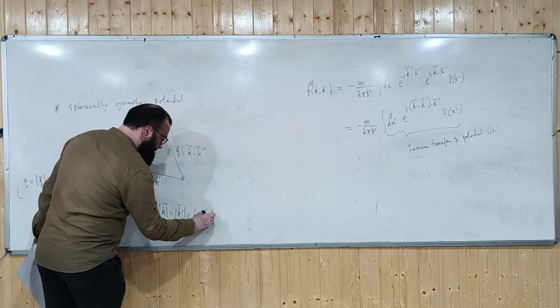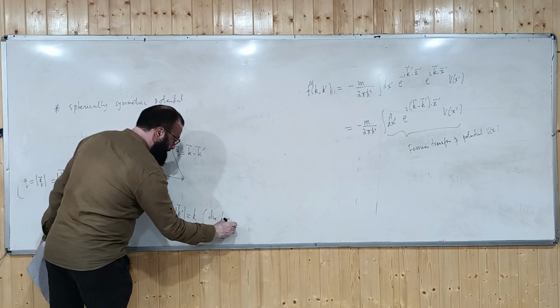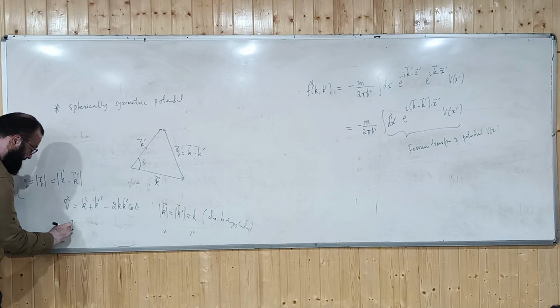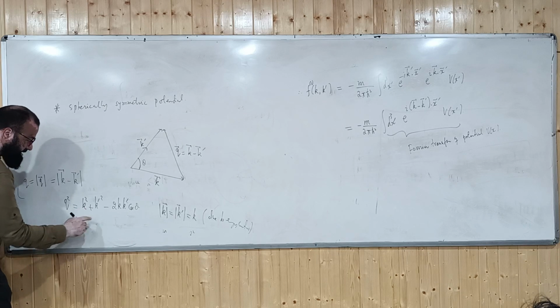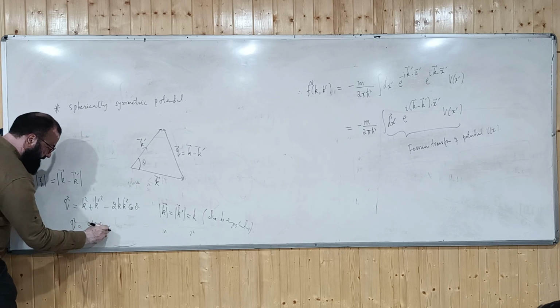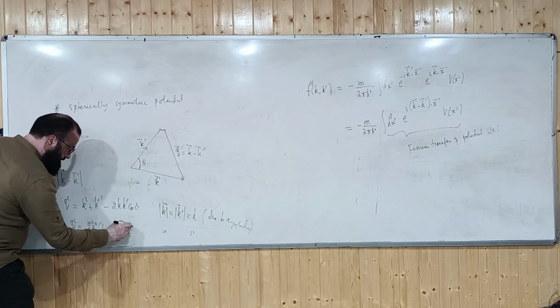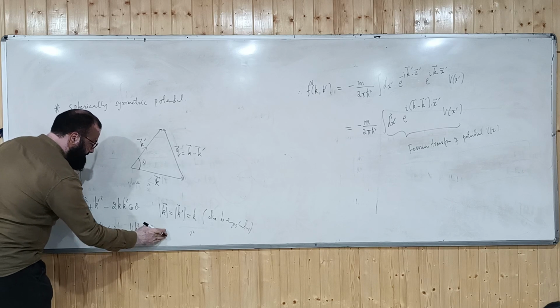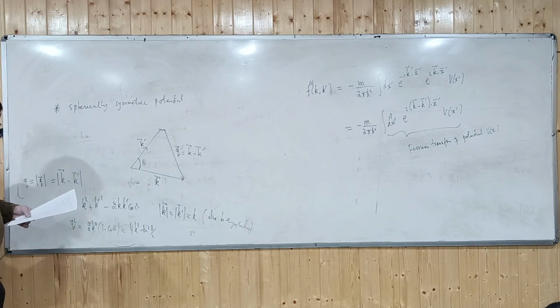So due to energy conservation of the process, I can write this as twice k square times 1 minus cosine of theta. That's actually 4 k square sine square theta by 2. Okay? Everybody?